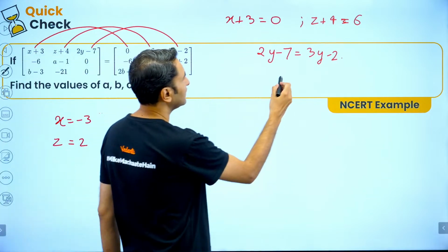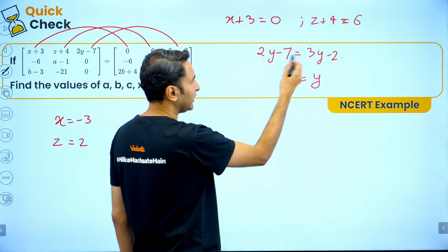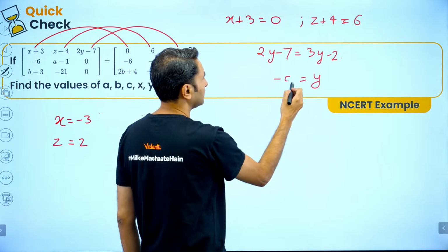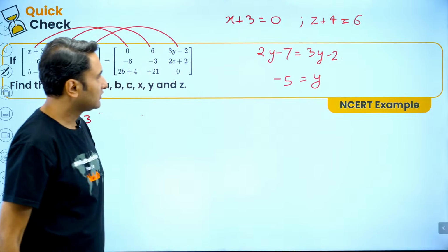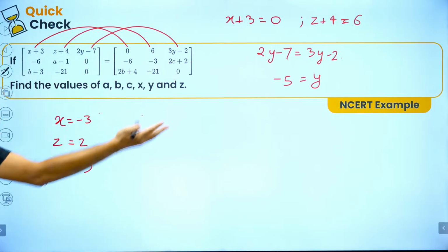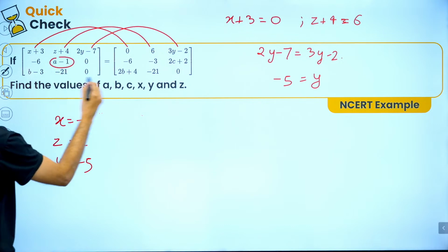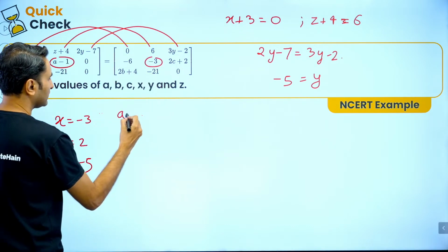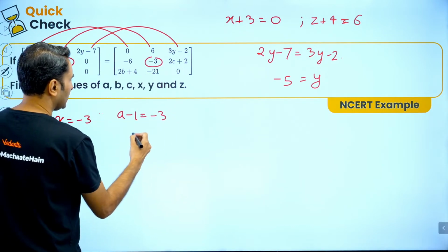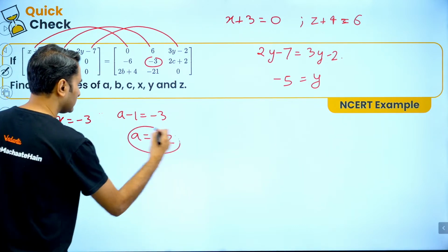We can solve this. For example, 2y goes there, 2 comes here, minus 7 plus 2, minus 5. Is this correct? y equal to minus 5 and so on. Can you keep solving it? Minus 6 same. A minus 1 must be equal to minus 3. So A must be equal to minus 2.